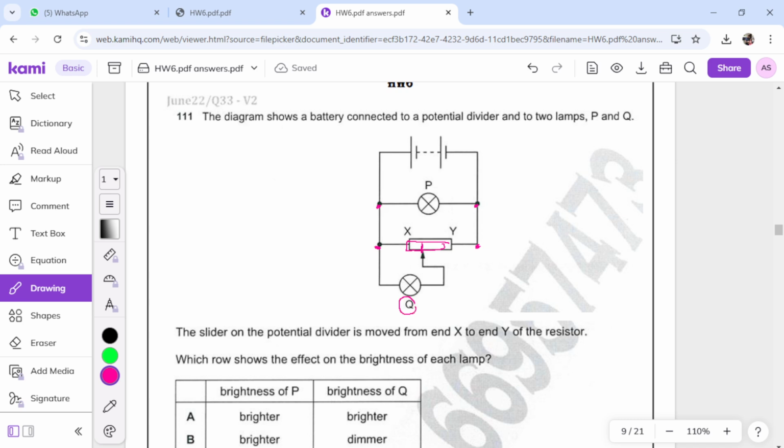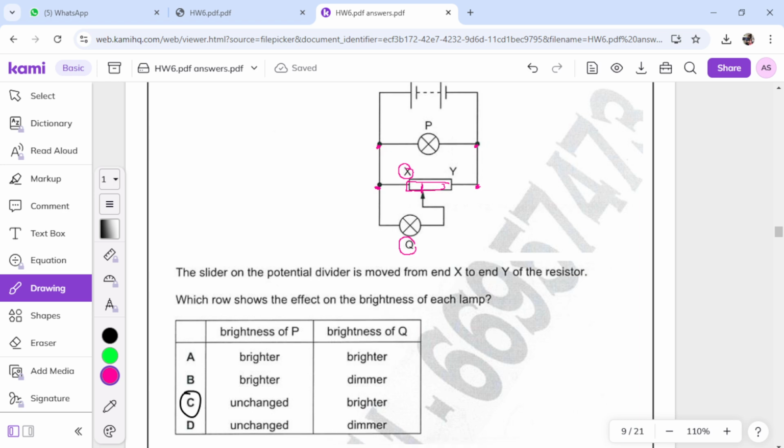Q is connected in parallel with only X. Pay attention. The slider on the potential divider is moved from X to Y. So the slider is moving in this way. It means this voltage increases, and the voltage of the lamp increases, and the voltage of Y decreases.